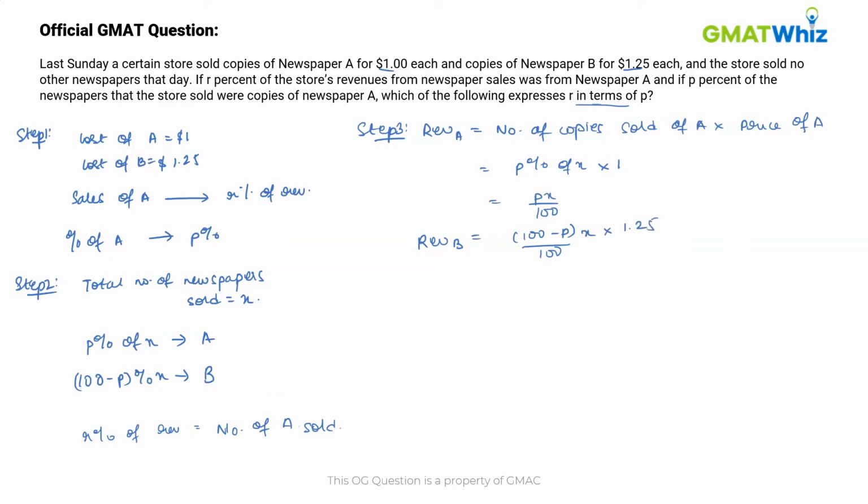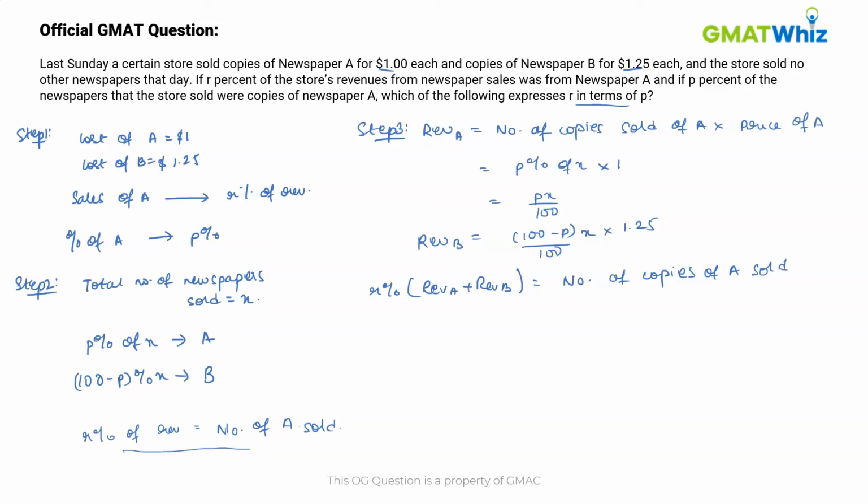Now, according to the equation we have in step 2, R percent of the revenue, which is the revenue generated by A plus revenue generated by B, will be equal to the number of copies of newspaper A that were sold that day.